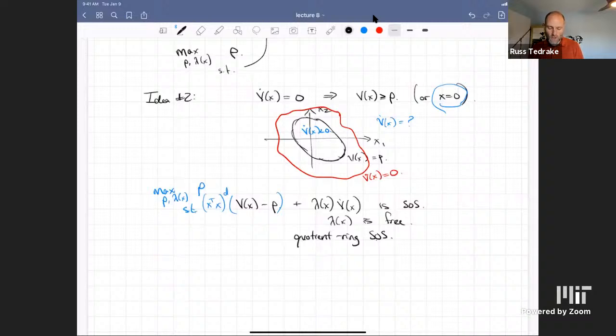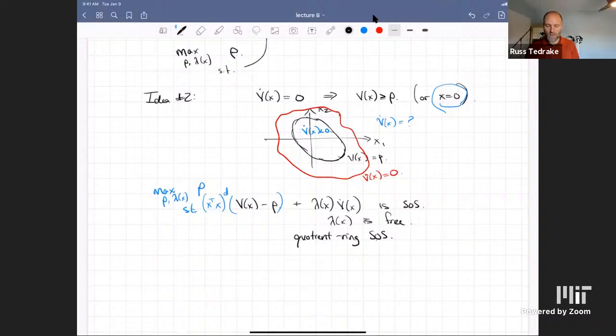So it turns out that thinking about the class of functions that live in the quotient of some equality constraint of a polynomial is way better than an inequality constraint of polynomials. It's the difference between algebraic geometry and semi-algebraic geometry.